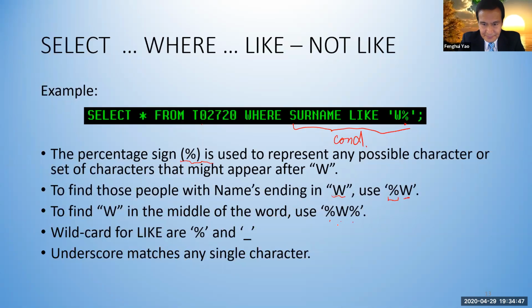That means find a string that contains W. For like, we use percentage or underscore. Percentage matches any characters of any length. Underscore matches only a single character. It matches one character. Percentage matches one or multiple characters.